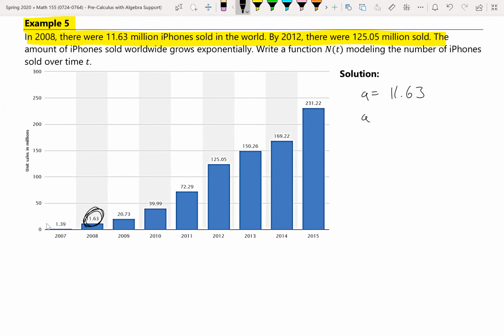The function that we're going to get out of this is going to be an approximation. It's not going to be an exact thing, but the theory is still all there. If you make A either the 11.63 or the 1.39, which is the very beginning of the graph, either of those work out.